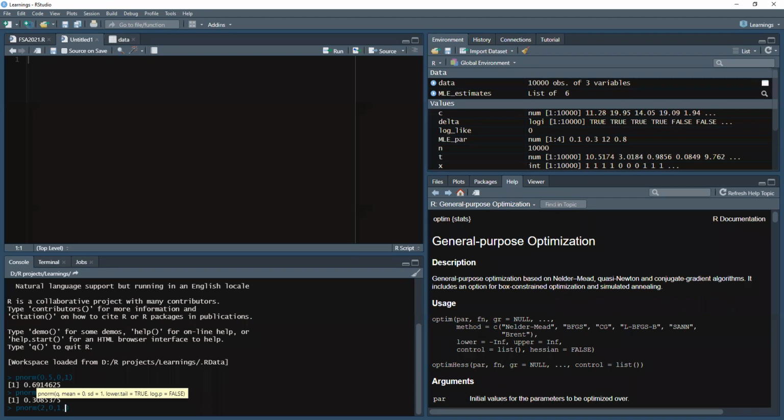Guys, don't be shy. Which value do I need to select for the lower tail parameter? Yep, absolutely right. So I need to put false here.